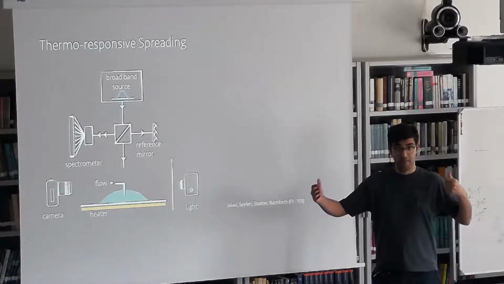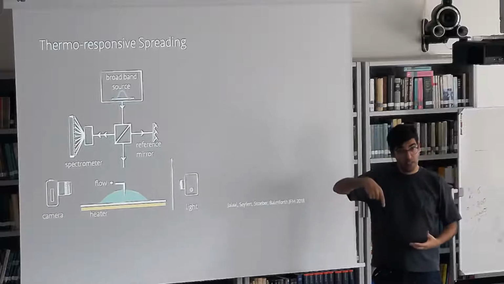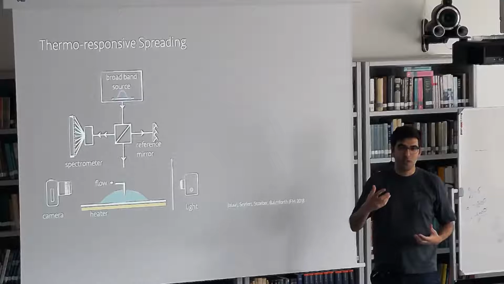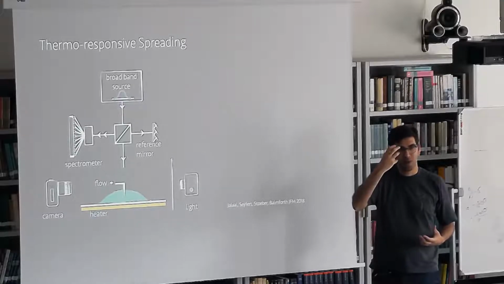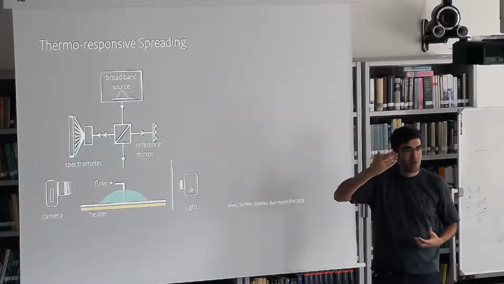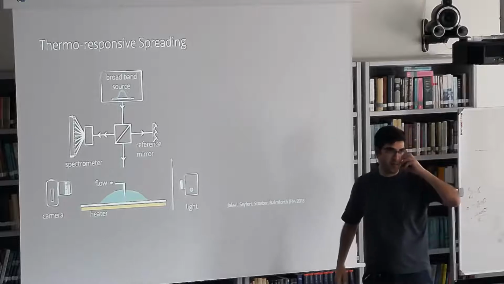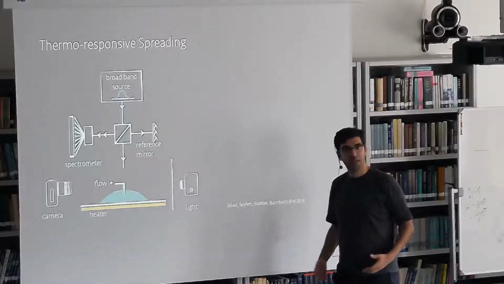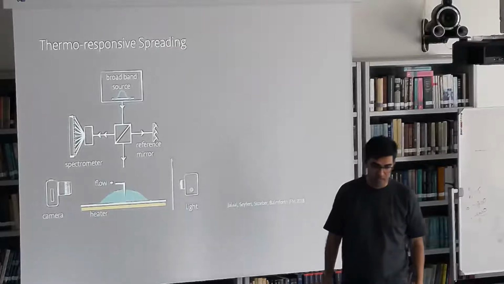So the benefit that it gives you is that you can penetrate in depth of your liquid when you use this. If you ever go to eye doctor that put this device on your eyes to look at the back of your eyes, that's most likely optical coherence tomography. So it's being used in biomedical imaging, so we now are basically using it for some soft matter problems.